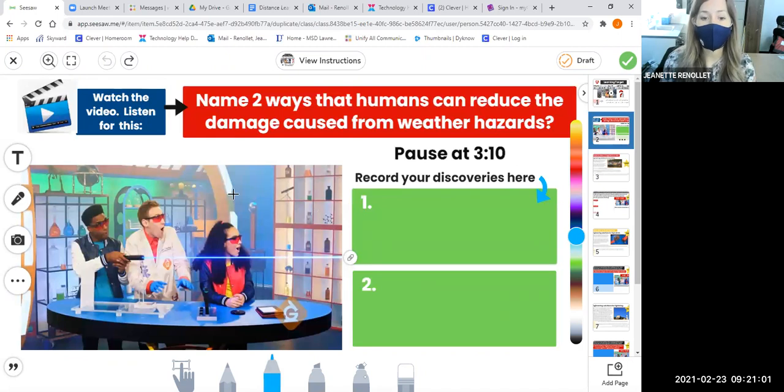Then on slide number 2, we watched this video and we thought about the damage that is caused when there is a weather hazard. We talked about how engineers are people who create solutions to these problems. And in the video, we talked about a couple of those solutions that engineers can create.